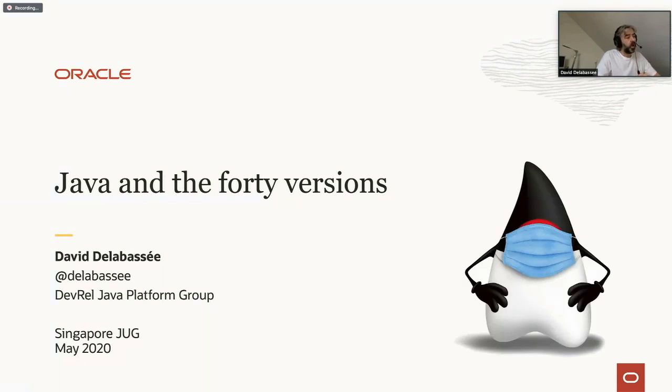So the title of the session is Java in the 40 version. The thing is that more and more I realize that given we have accelerated the cadence of the Java release, people are somehow confused about what's in Java. So today what I want to share with you is basically what features will be added in 2020 in the Java platform.